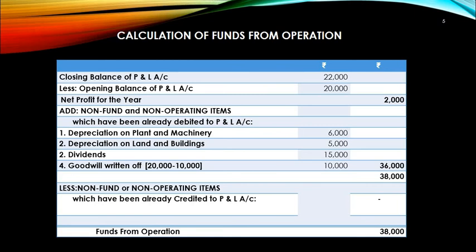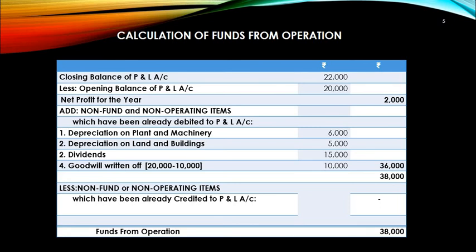From that value of 38,000, you need to deduct non-fund or non-operating items which have been already credited to P&L account. We don't have any items relating to that. So 38,000 will be the answer for funds from operations. What you did here is you subtracted the opening balance from the closing balance to get 2,000 as net profit for the year.